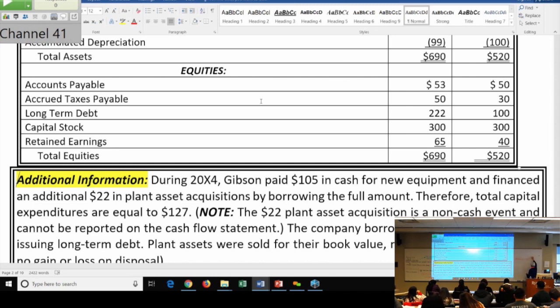I know that I've got 127 in capital expenditures, or the purchase of plant assets. So we purchase property, plant, equipment. I know that out of that amount, I've got 105 in cash, and I got 22 borrowed.